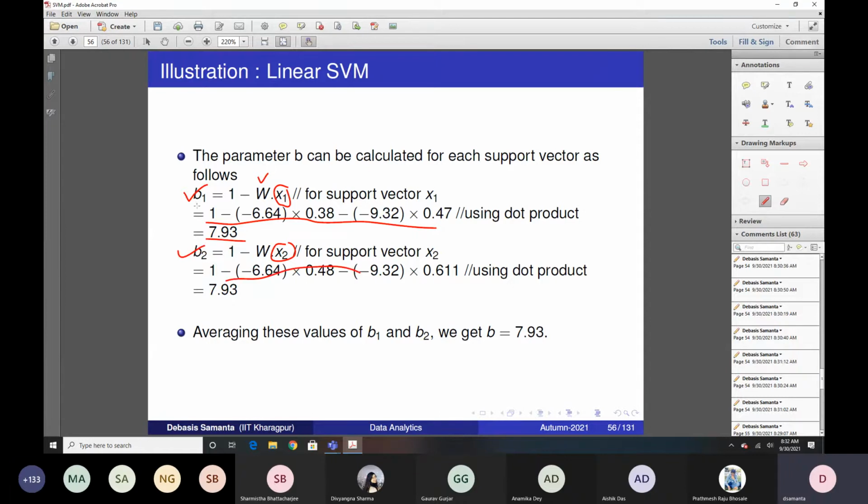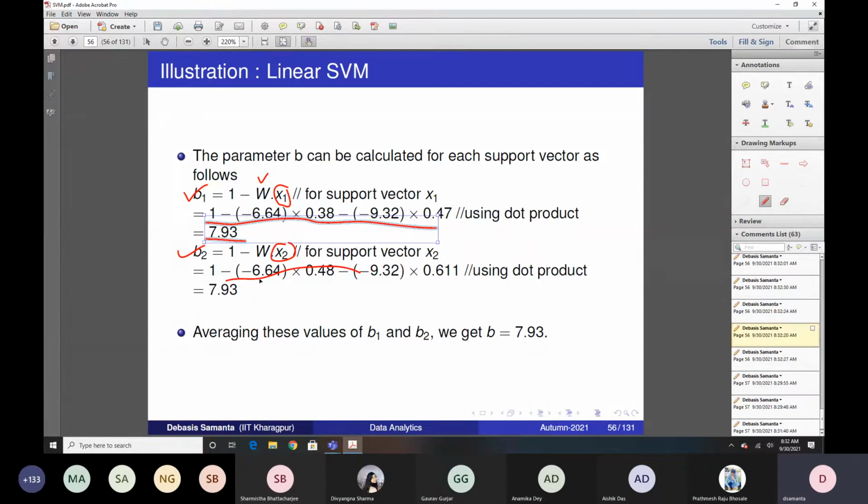Now here B1, B2, if there are more support vectors, then B3, B4, all these will be there. Fortunately in this case, both B1 and B2 have the same value, but it may not be so. For some examples, you may not get the same value. It is usually not the same. In that case, you can take the average of all the values, and that will be the B value.